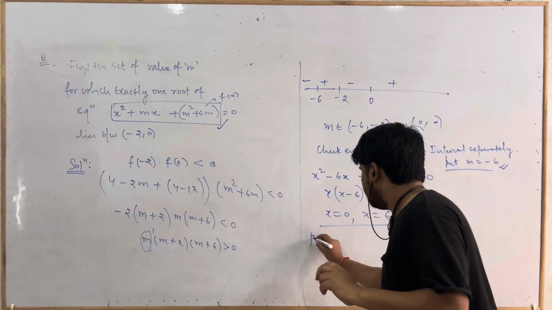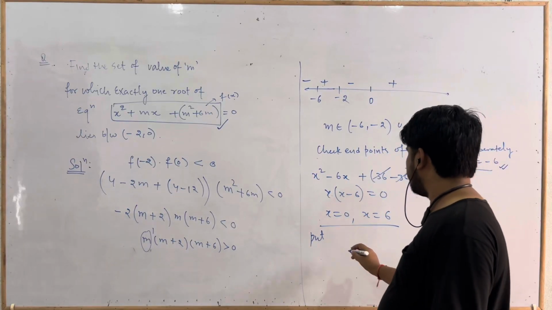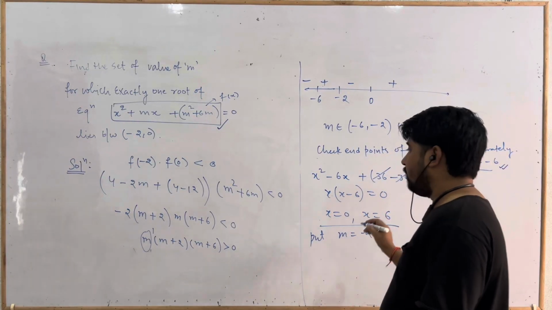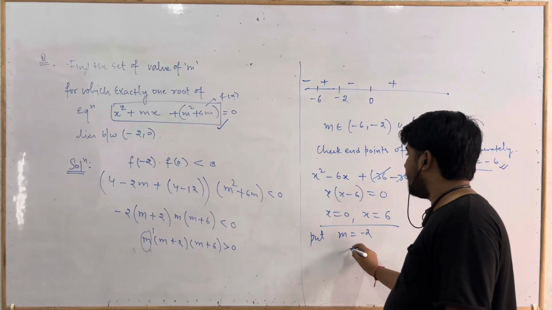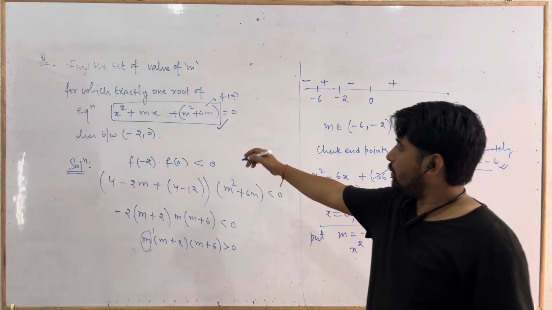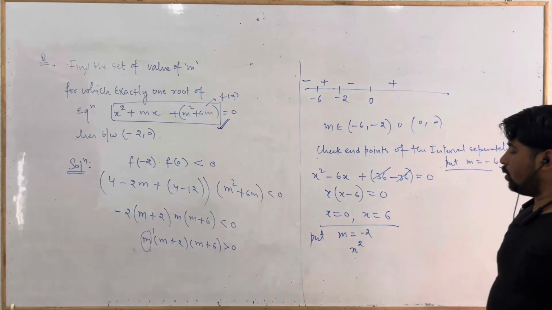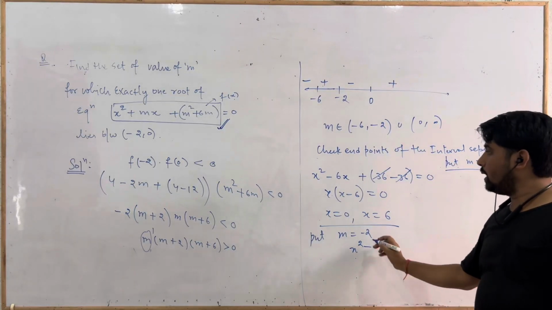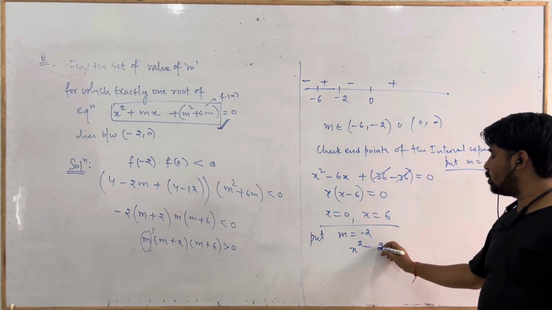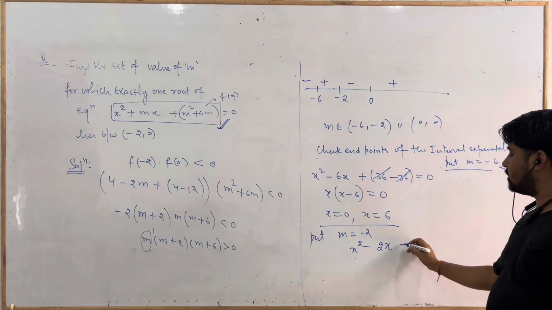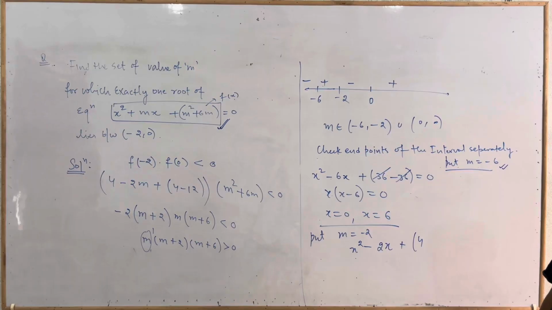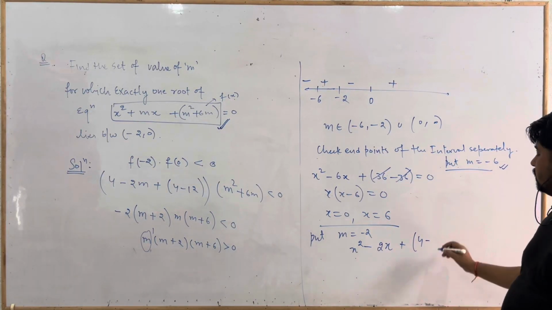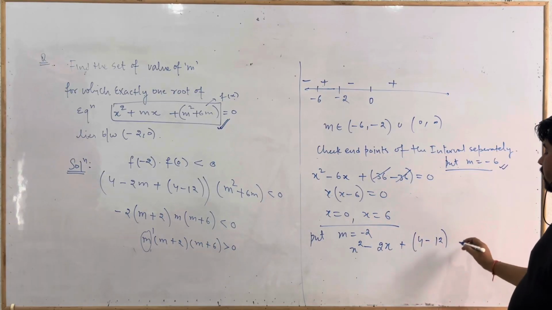Now I will put m equal to minus 2. For m equal to minus 2, what am I getting? x square, putting m equal to minus 2 here, so x square minus 2x plus 2 square 4 and 6 minus 2, that is minus 12, equal to 0.